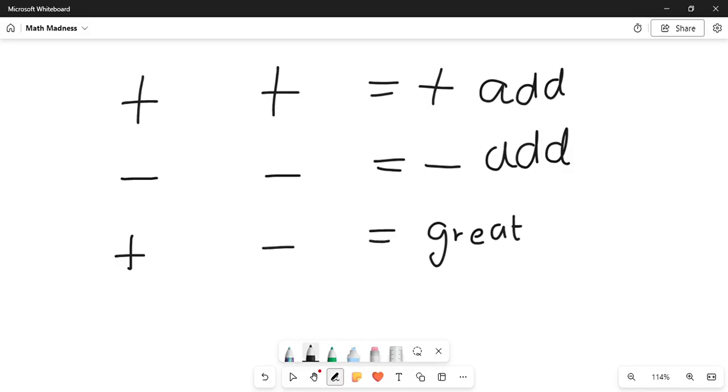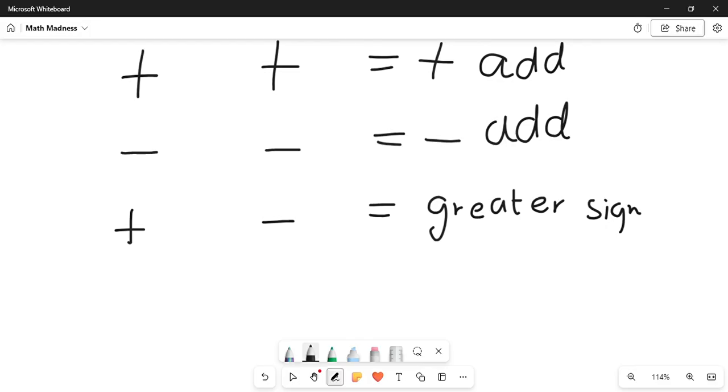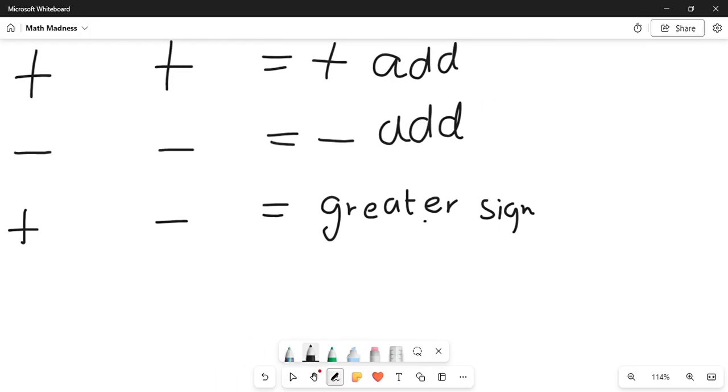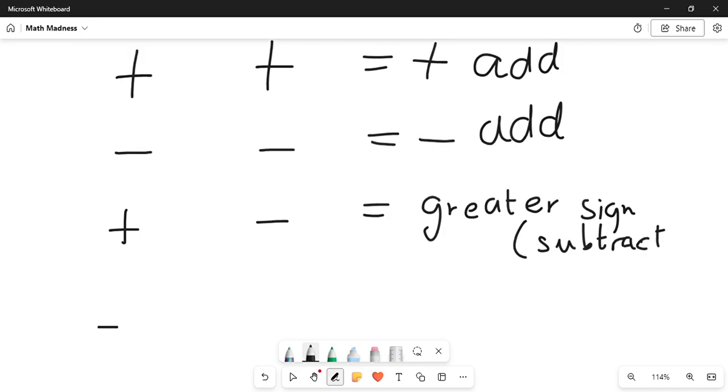For addition and subtraction, for multiplication and division, you have different ones. So if you have a plus sign and you have a minus sign, you will write the greater sign and you will subtract. And if you have a minus sign and the plus sign, then again you will do the same.